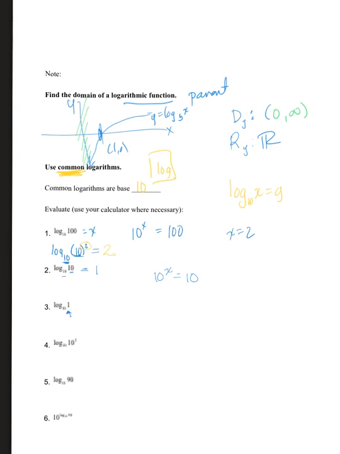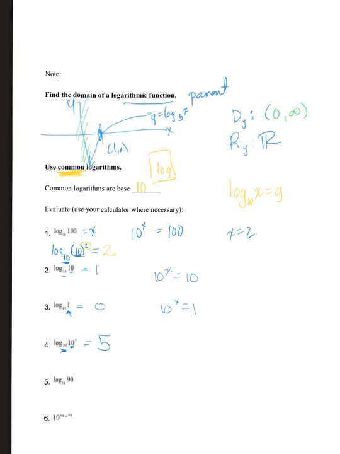If the input to the logarithmic function is 1, no matter what the base is, our output is 0. You should know that because, again, I could convert this and ask myself, 10 to what power is 1? What about the next one? Hopefully in the next one you recognize that little trick, that property that states if the base of the argument equals the base of the logarithm, the answer is just the exponent.